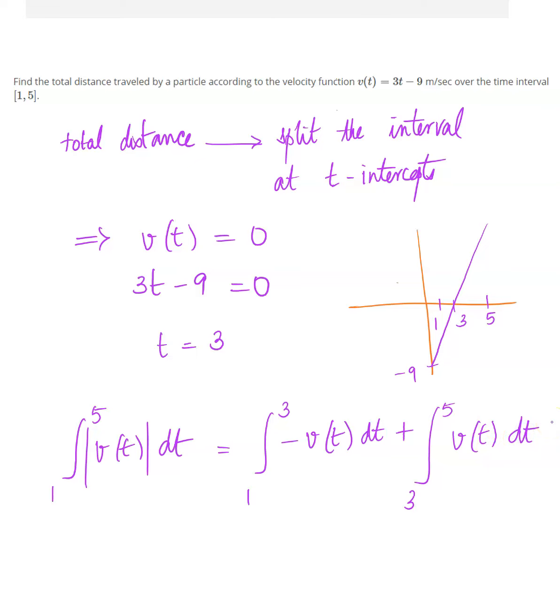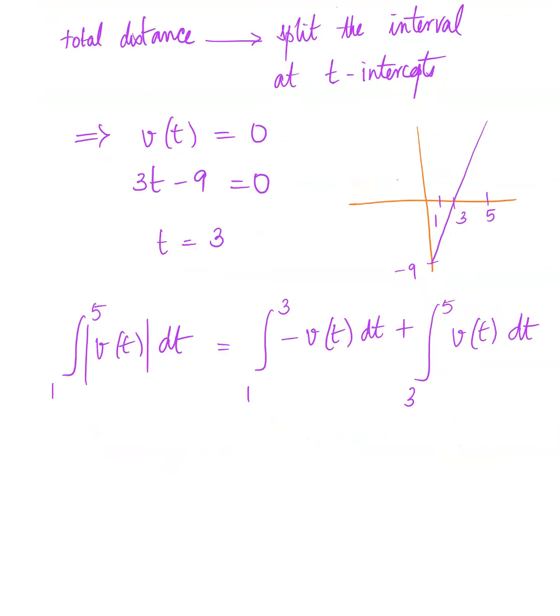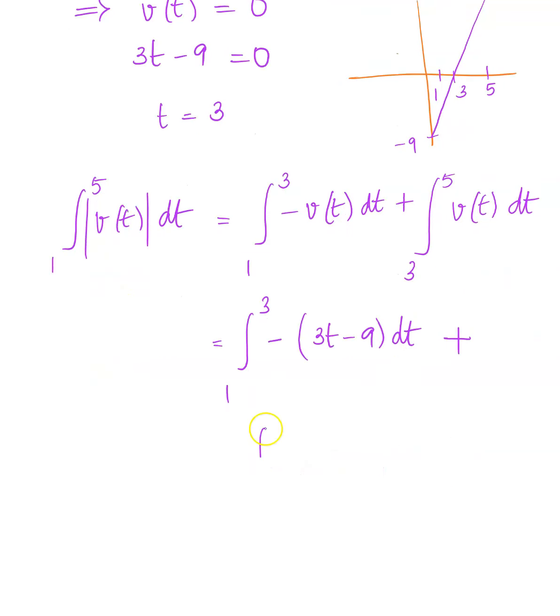Okay, we put in absolute value, but I'm trying to show you another view where absolute value is nothing but a piecewise function that collects the negative portion and the positive portion. So I'm taking this negative portion and I say integral of negative of 3t minus 9 dt, plus integral from 3 to 5, the positive version, so there it is just 3t minus 9 dt.